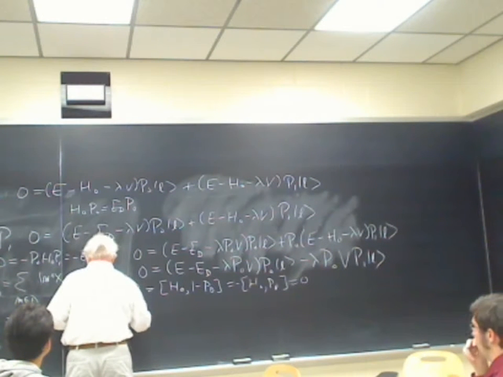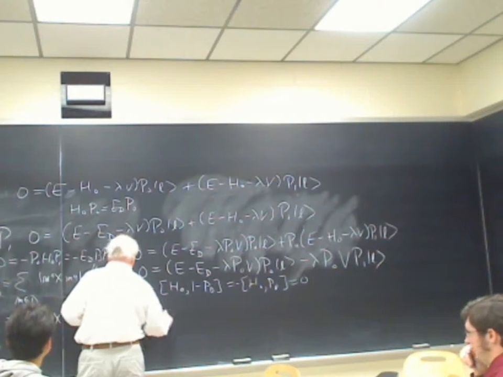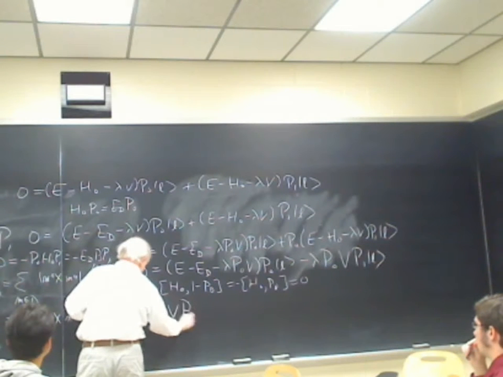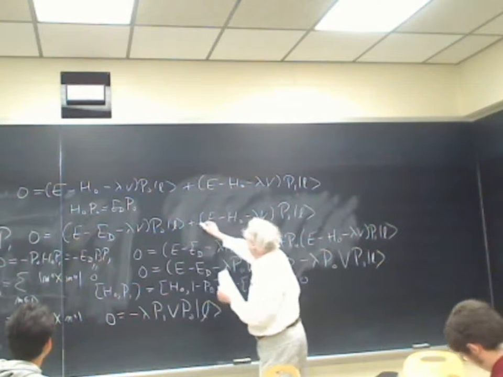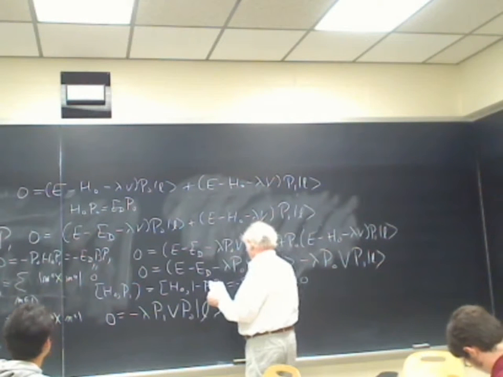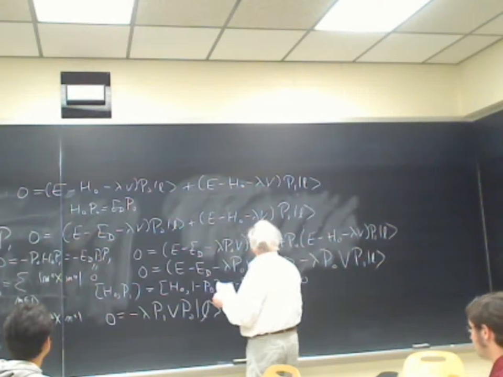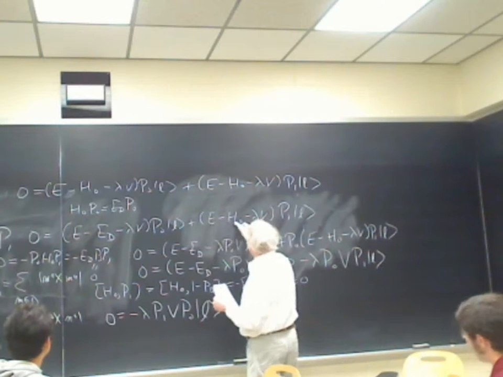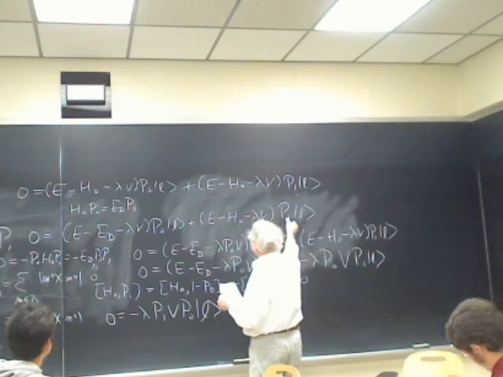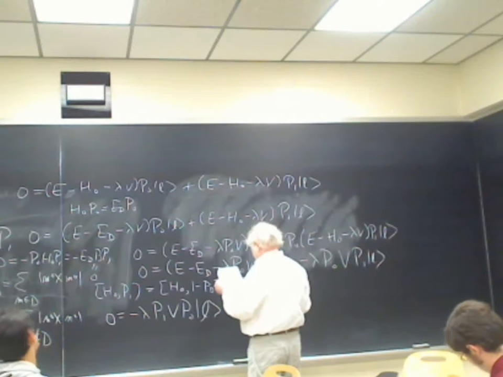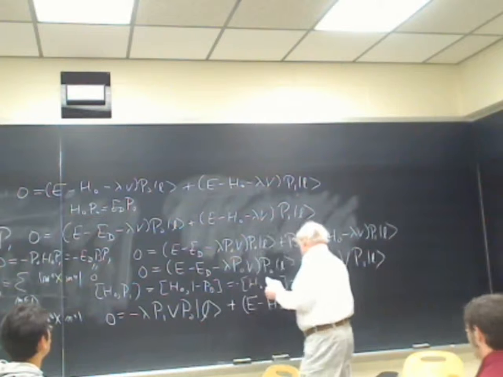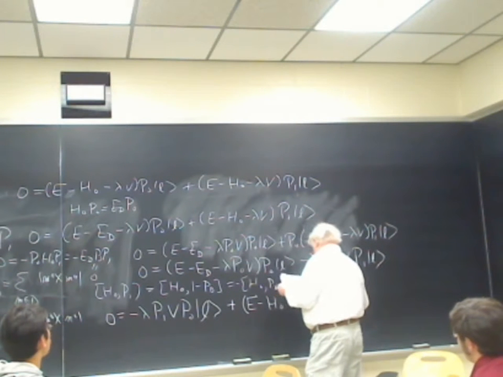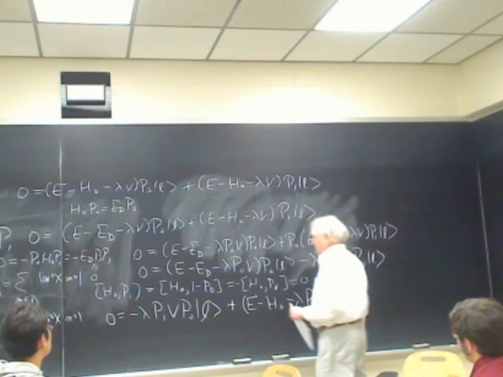So we just get 0 equals minus lambda P1 V P0 L. And then we have a P1 here, but for these two terms, there's already a P1 here, so that just gives you P1 squared. So this one just becomes E minus H0 minus lambda P1 V P1 L. Okay, so that's the second.